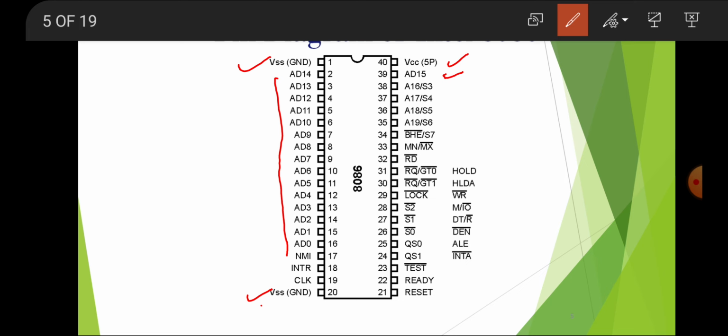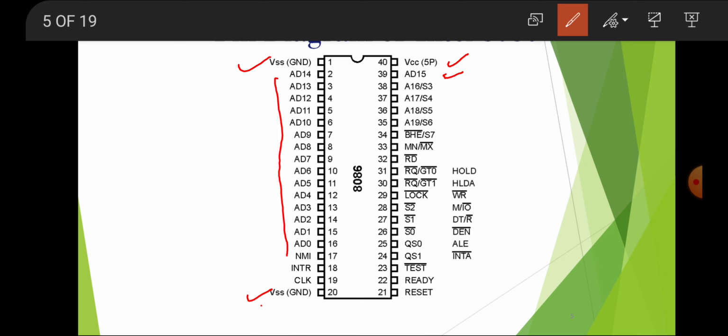These are low order address bus lines and they are multiplexed with data. That is called a multiplexed bus, or multiplexed line. Why? Because it is carrying data as well as address. A stands for address and D for data, so combinedly it is called AD.